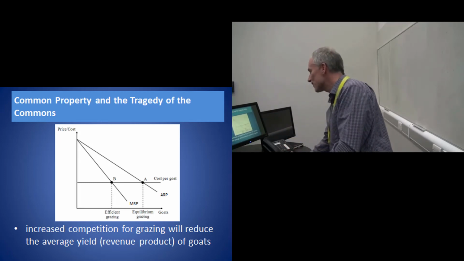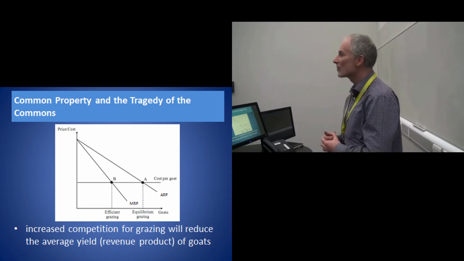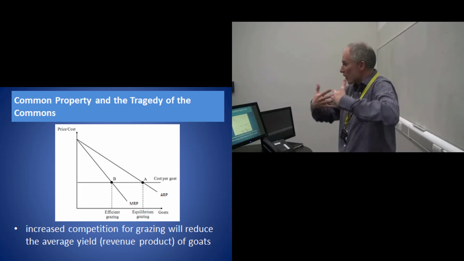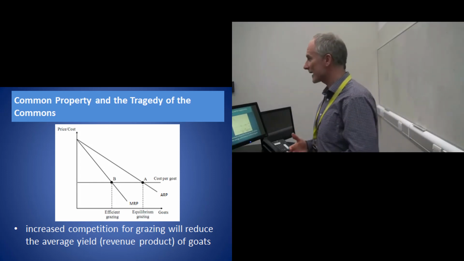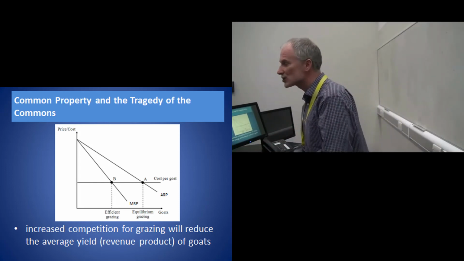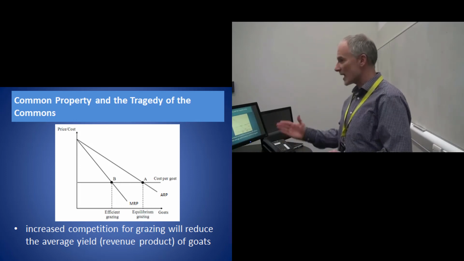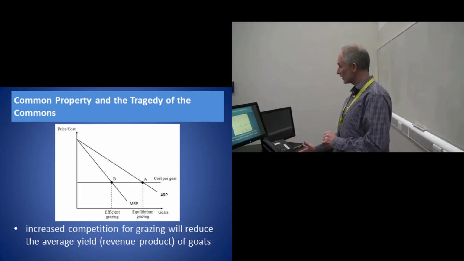That is reflected in the top line in the diagram. ARP stands for the average revenue product. That's the revenue that can be generated if the villagers sell the milk produced by the goats.